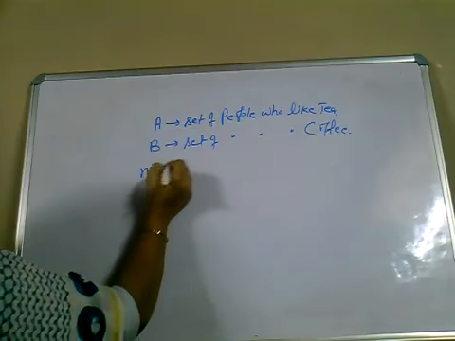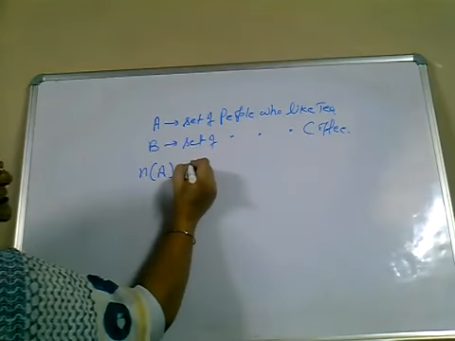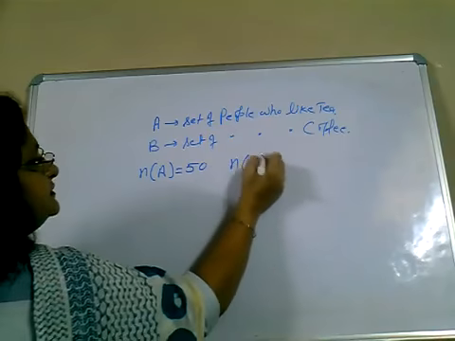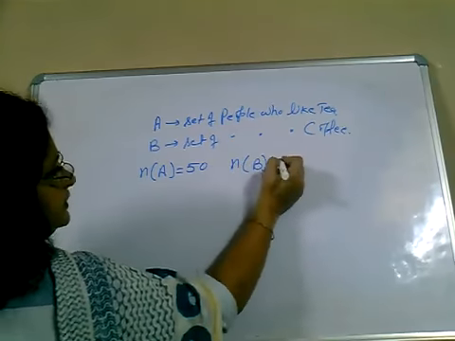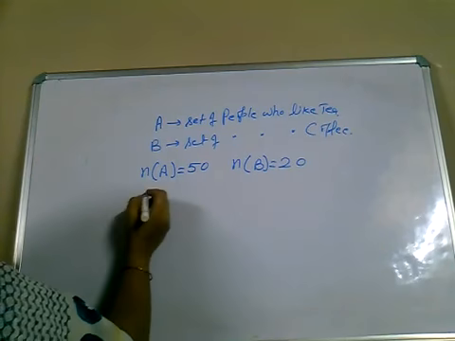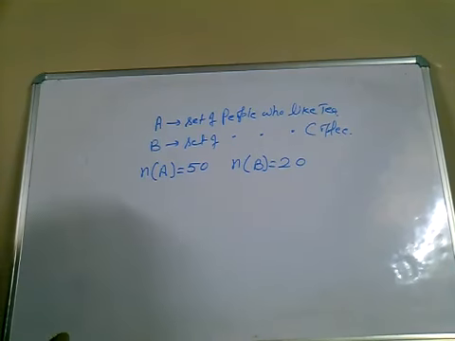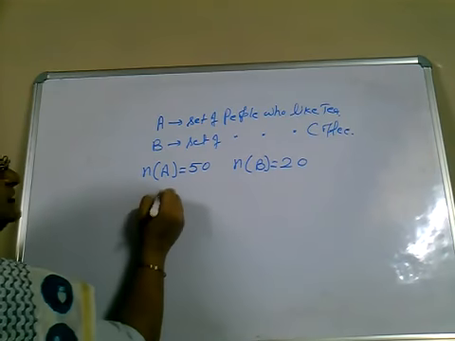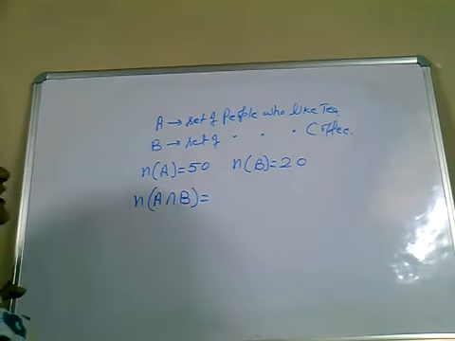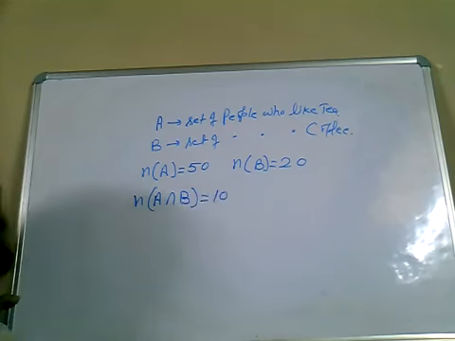Number of elements in A is 50, number of elements in B is given 20, and there are 10 people who like both tea and coffee. Tea and coffee means number of elements in A intersection B are 10.